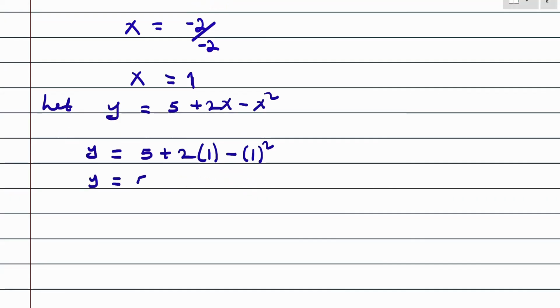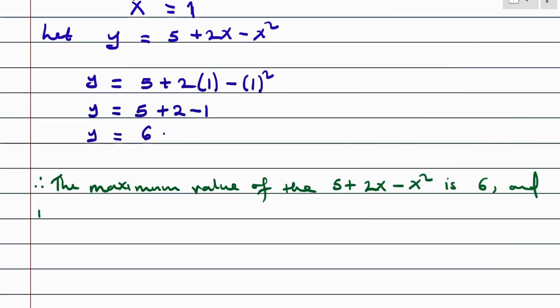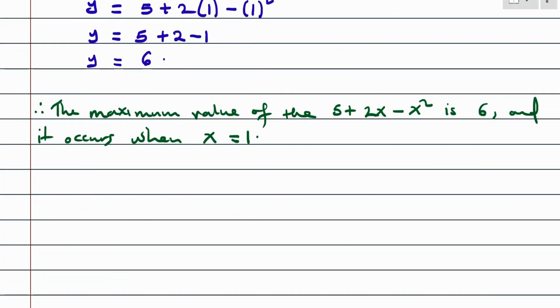As we simplify this, we have y equals 5 plus 2 minus 1, so y equals 6. We can now conclude, therefore, that the maximum value of the expression 5 plus 2x minus x squared is 6, and it occurs when x equals 1.